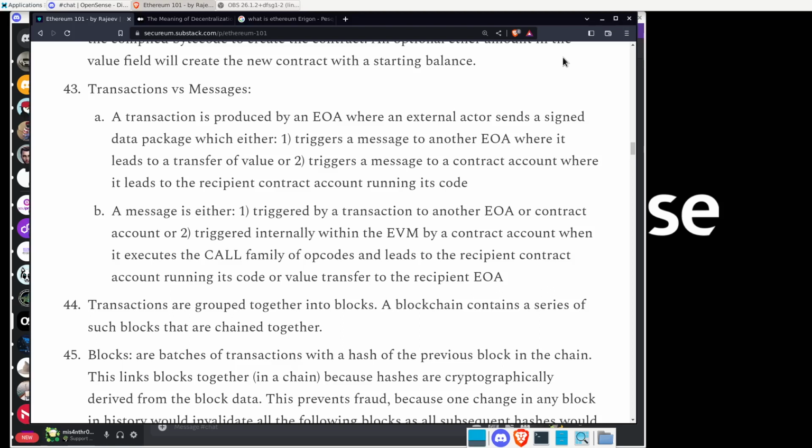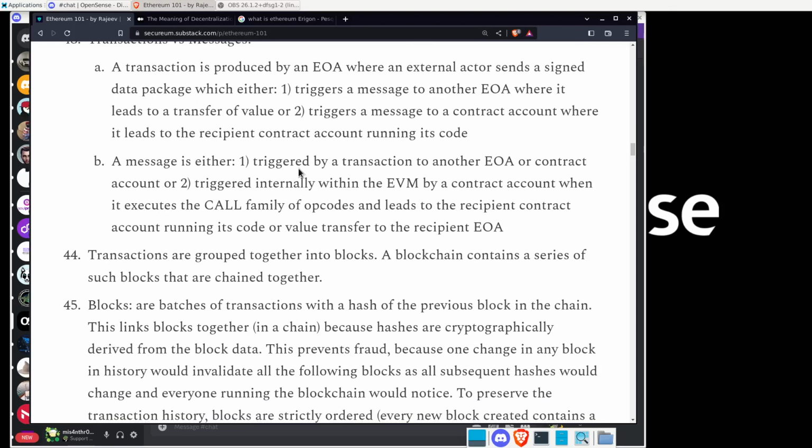So a transaction is the signing of the message and the sending, but it's not the message itself. The message is triggered by a transaction to another EOA or account, or triggered internally within the EVM by a contract account when it executes a call family of opcodes, and leads to a recipient contract running its code or value transfer to the recipient EOA.